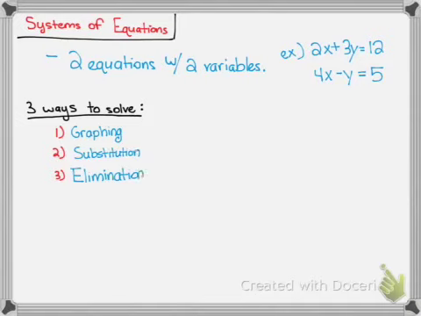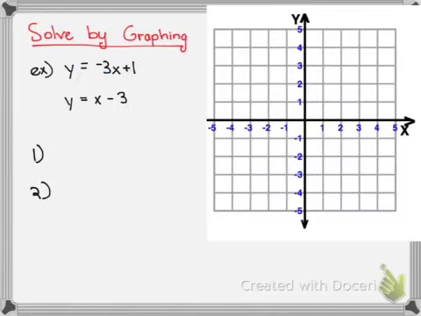In this video, we're just going to look at the first two ways, which are by graphing and also by substitution. Tomorrow we will look at elimination. So let's go ahead and look at solving a system by graphing.